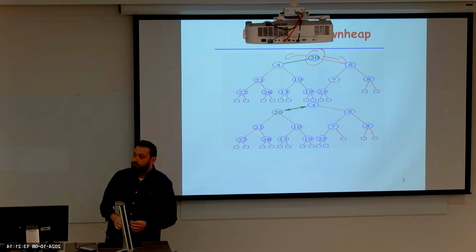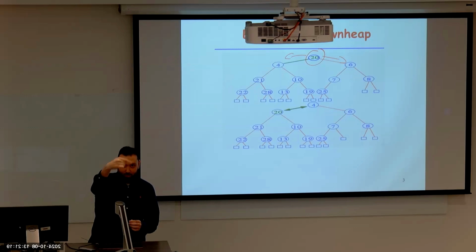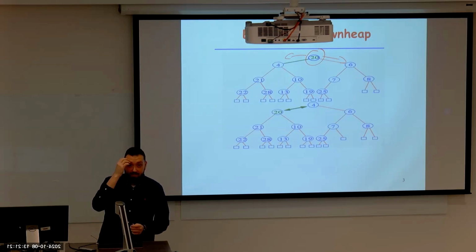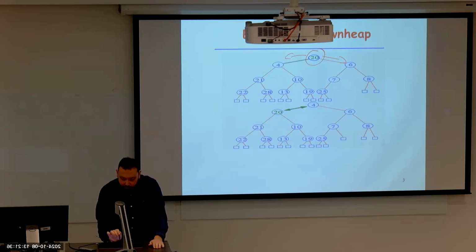Different answer? Yes. Both children, and then whichever one is the smaller or larger, depending on whether you're doing max heap or min heap, and then you compare to the parent. Okay. Thank you. You had the same answer? Okay. So technically there are two ways, and both of them are logical. Either you compare this with this and then this with that, or you can just compare the left with the right.